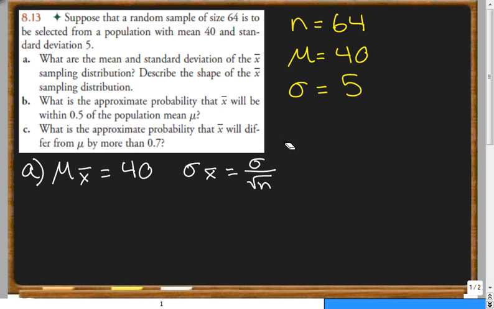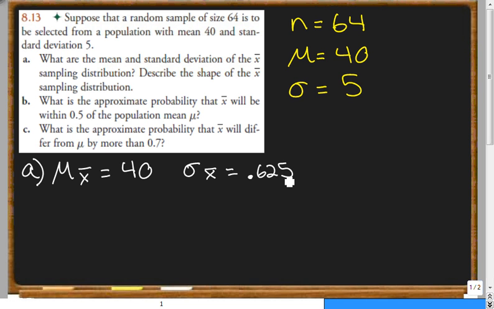So we've got 5 over the square root of 64, which is 5 over 8, which should be 0.625. You could use 5/8 or 0.625, it does not matter. I'm just going to leave it as 0.625.